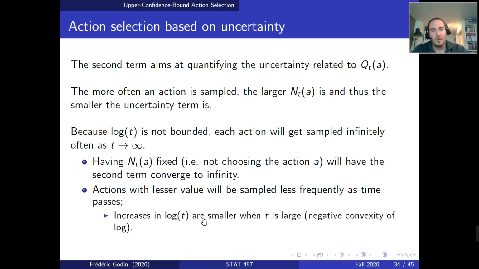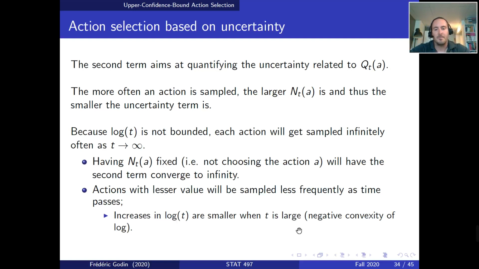Furthermore, another interesting feature of using log t: we could ask ourselves, why not simply t instead of log t? Well, one thing we have to notice is that increases in log t are smaller when t is large.